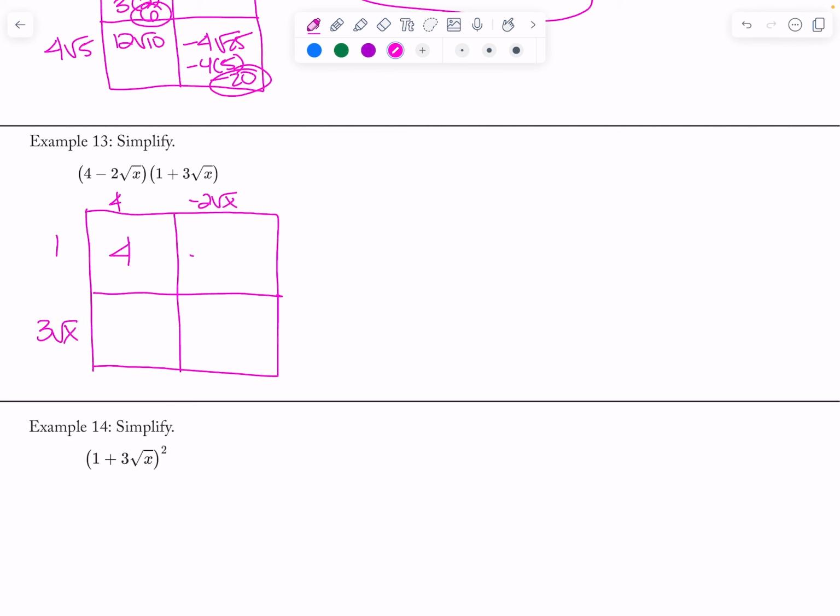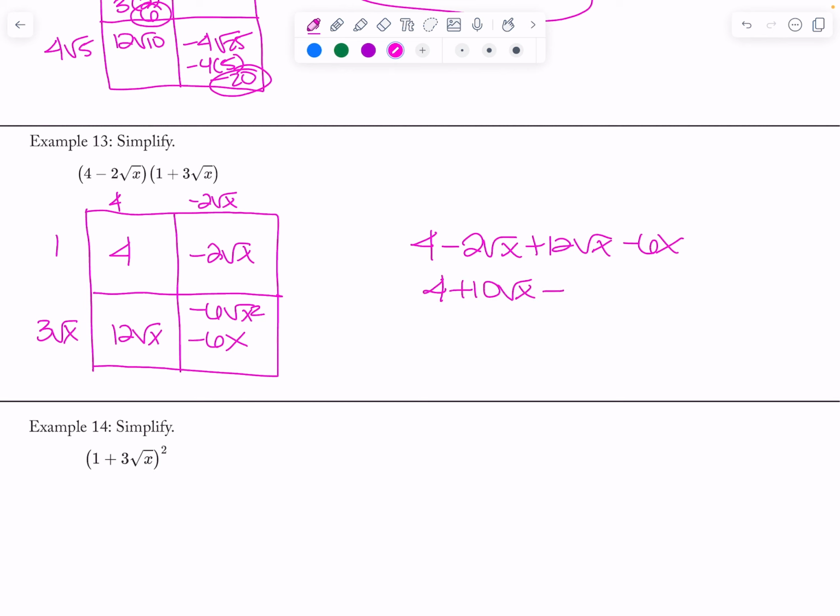So that gives me 4 minus 2 root x, 12 root x, and a minus 6 root x squared, which is a negative 6x. So I get 4 minus 2 root x plus 12 root x minus 6x. So I get 4 plus 10 root x minus 6x.